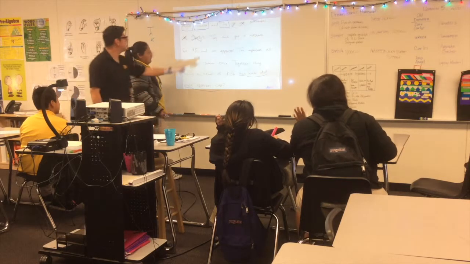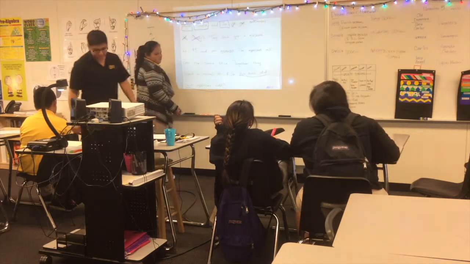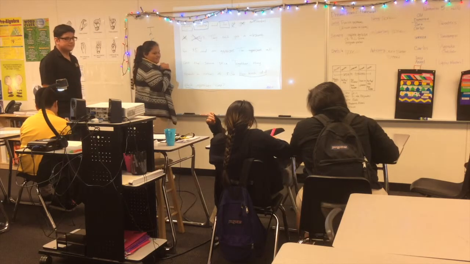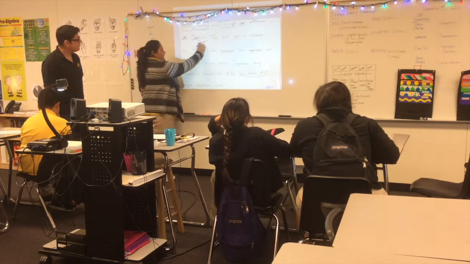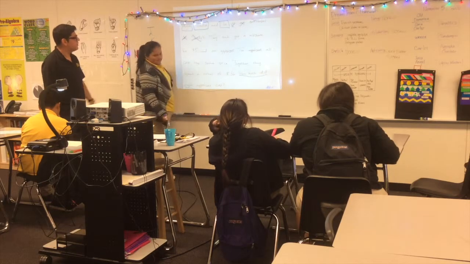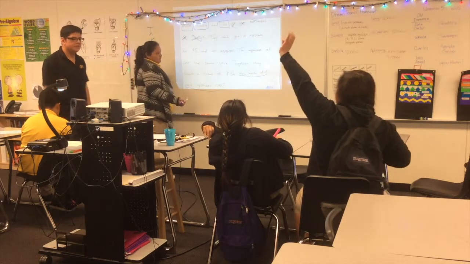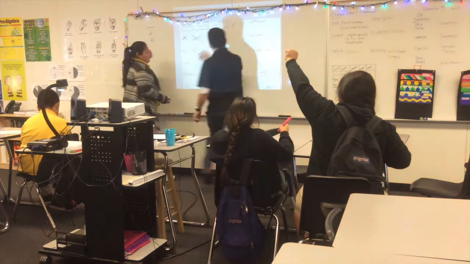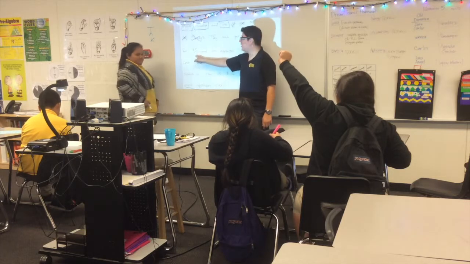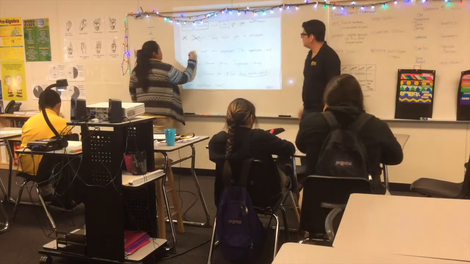The next sentence is about how much it costs. Underline it, box it, circle it, whatever you want to do.